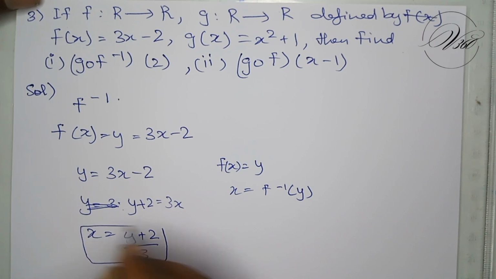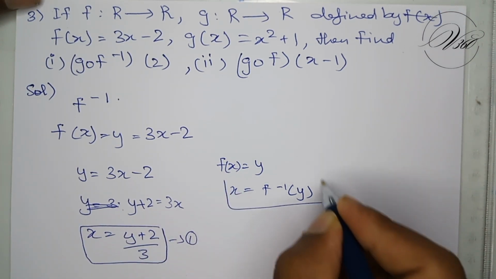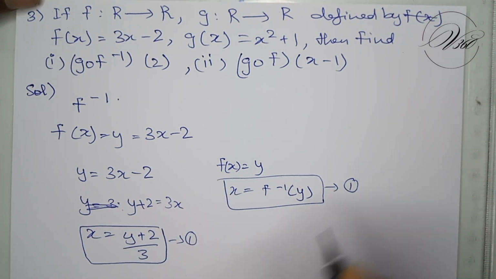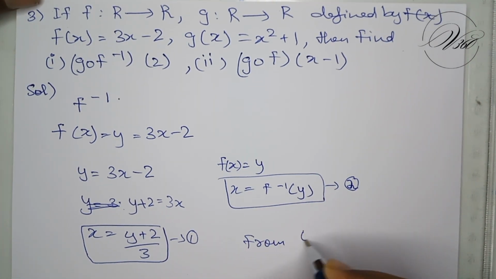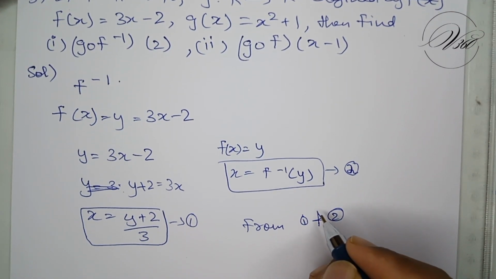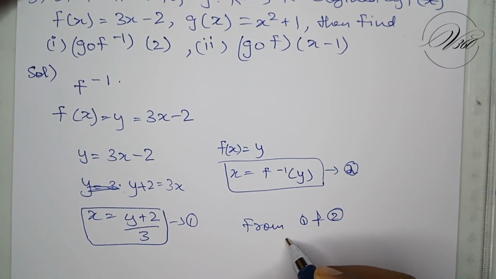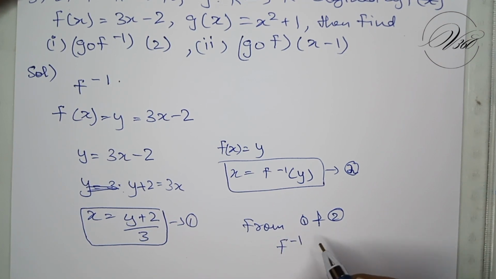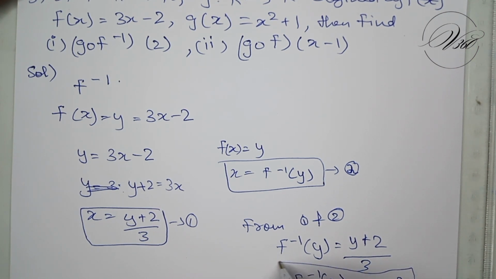This is the first equation. This is the second equation. From 1 and 2, we'll get that F inverse of y equals y plus 2 by 3. Now F inverse of x is equal to x plus 2 by 3. This is F inverse of x.